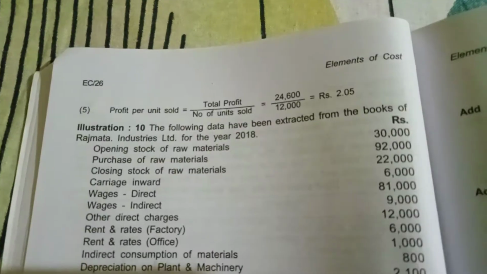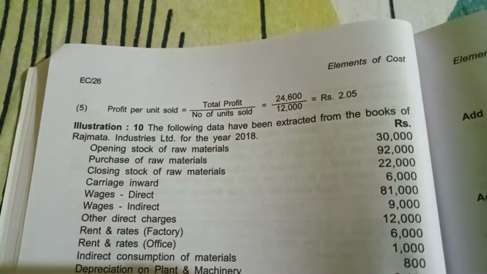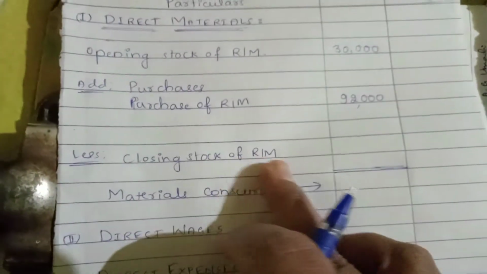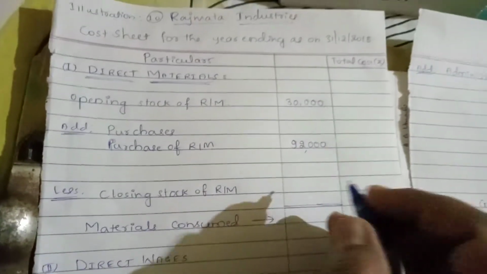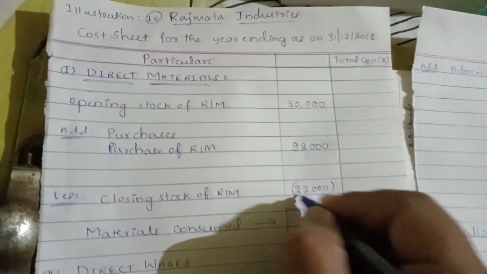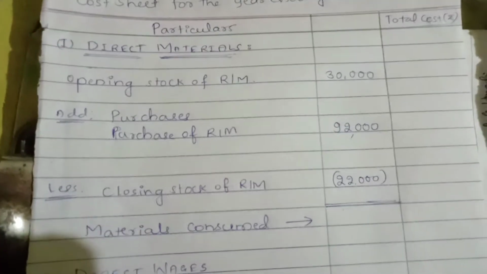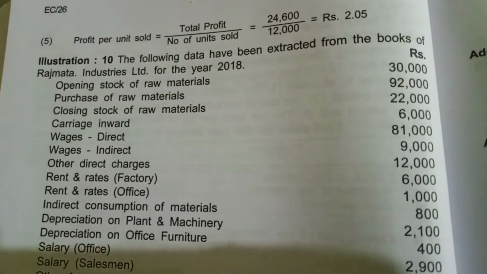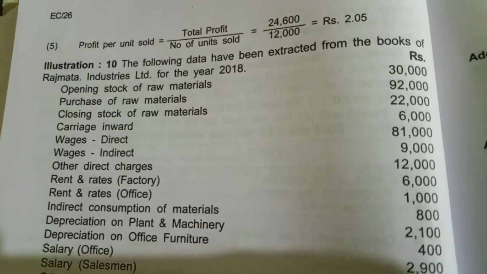Next, closing stock of raw materials, 22,000. Below that, closing stock of raw materials, 22,000, I will put in brackets so that it can be deducted easily. Next, carriage inward, 6,000.